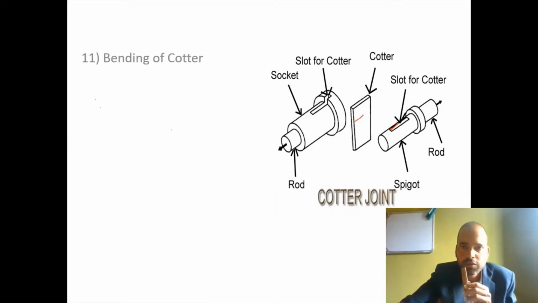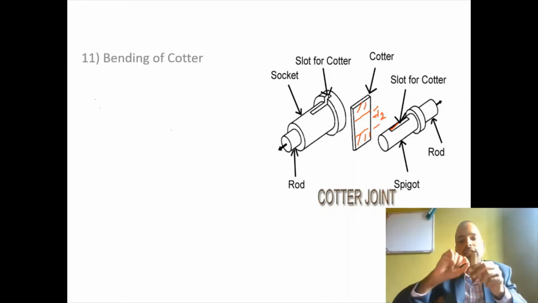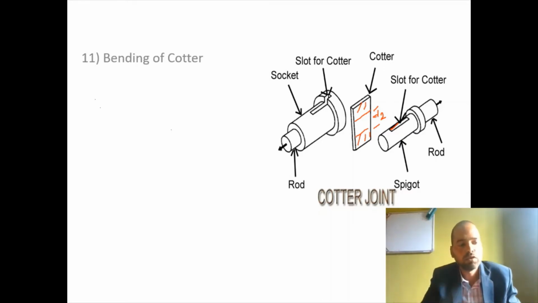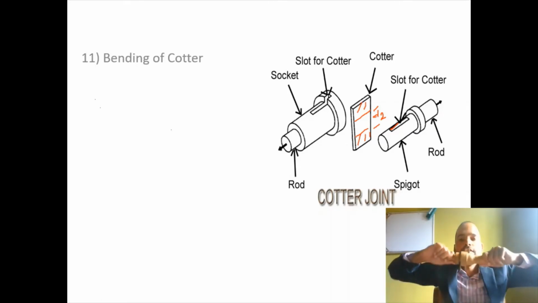Due to that, if you draw the diagram, this will be inserted into the diameter of the spigot, and this portion will be inserted into the diameter of the socket. So one portion will try to pull the component on one side and the central portion will try to pull the component on the other side.